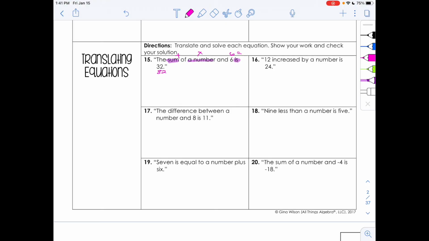So when we write that out as an equation, what that's going to look like is x plus 6 equals 32.